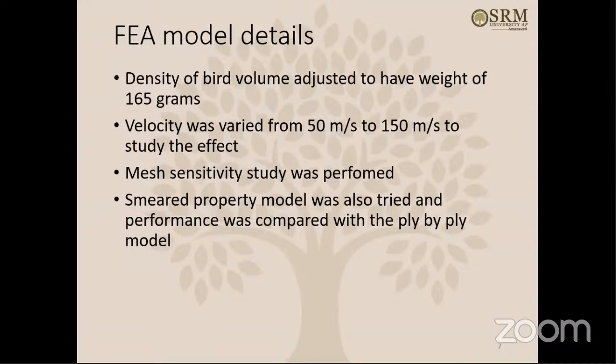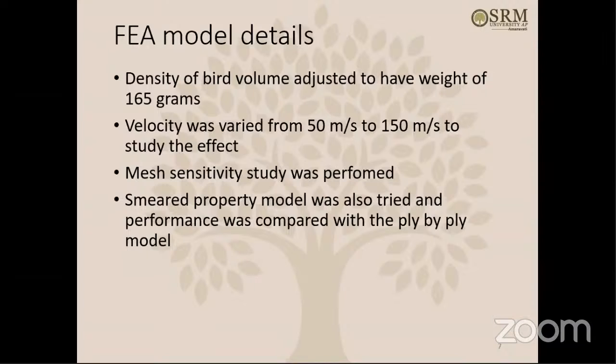Velocity was varied from 50 meters per second to 150 meters per second to study the effect. A mesh sensitivity study was of course performed. That we will also talk about. A smeared property model was also tried, and performance was compared with the ply-by-ply model. Smeared property model basically means we average out the property of the composite. Let's say we have a quasi-isotropic layup, 0/90/plus-minus 45.